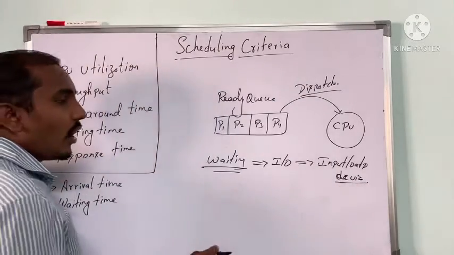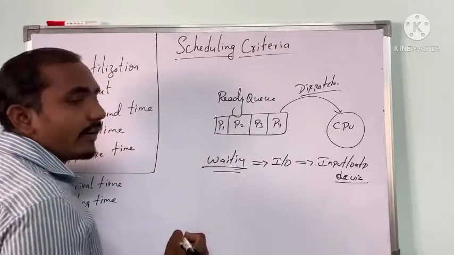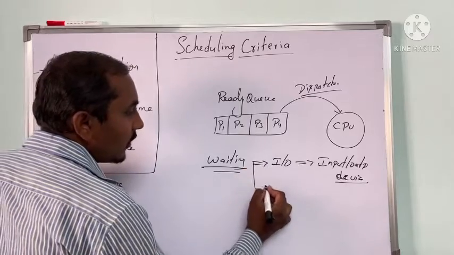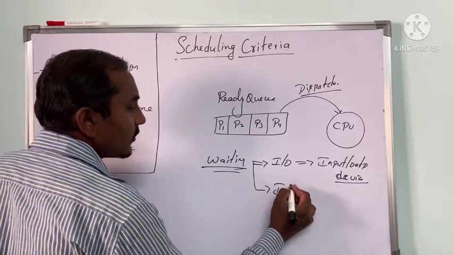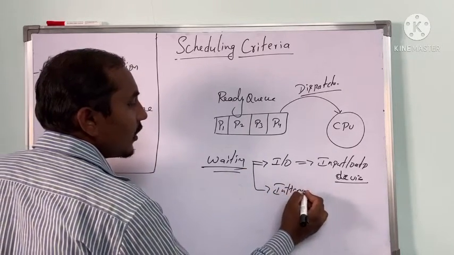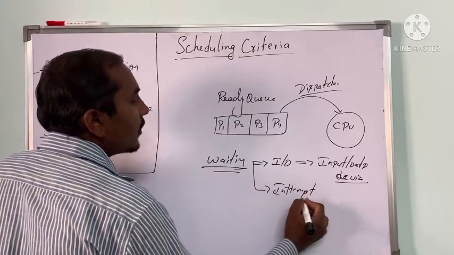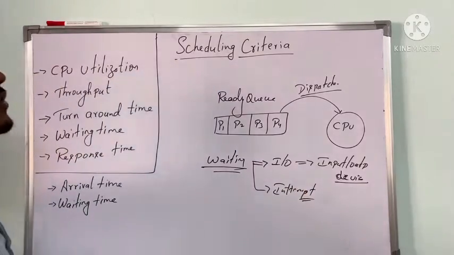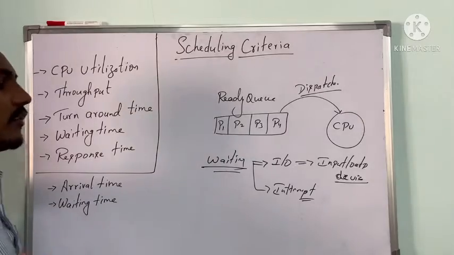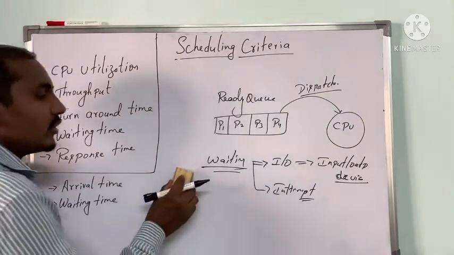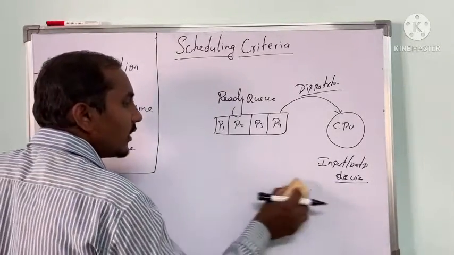Now, one more way of waiting is when any interrupt occurs. In that case also the process will go into the waiting state.